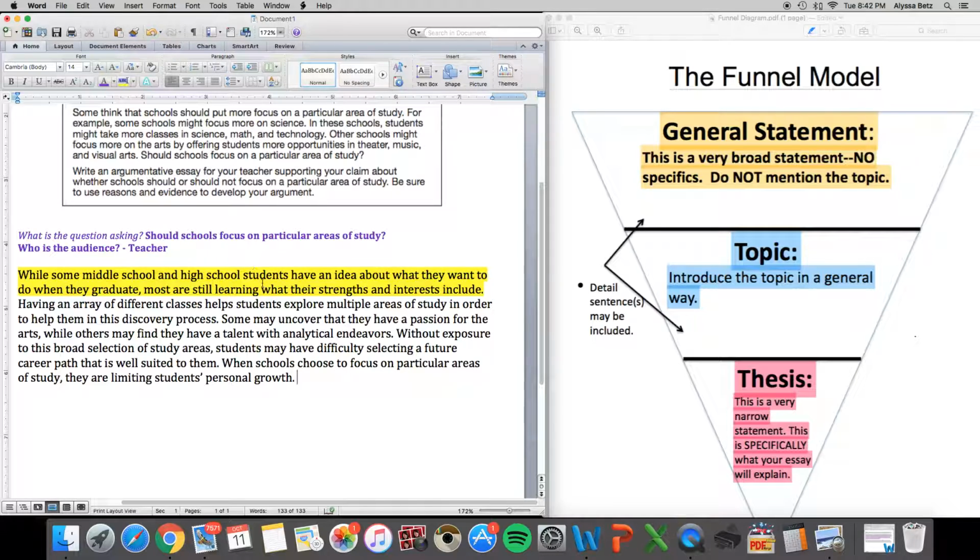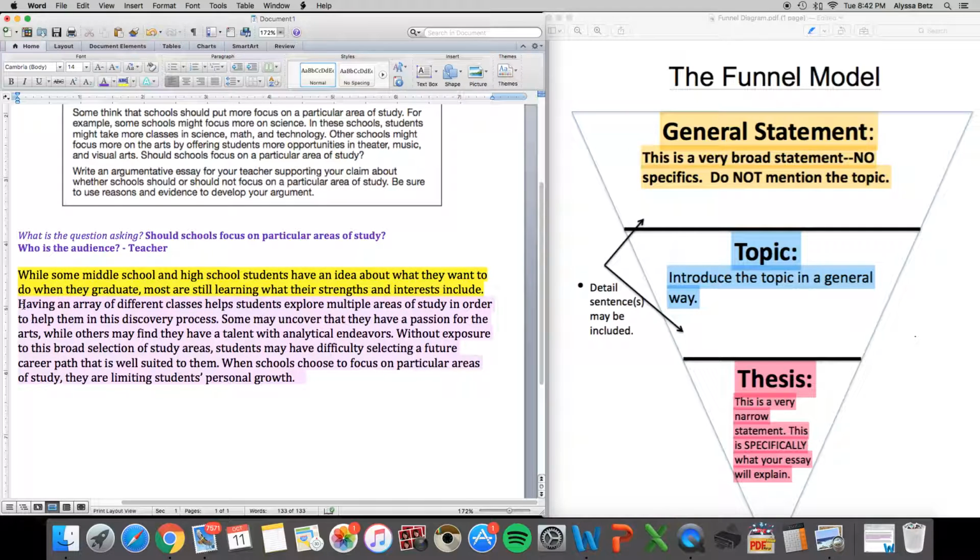Okay, so I'm taking this idea that middle school and high school is really a time for students to discover what they're interested in. And this is a time when they learn about their strengths and what they're really good at and what they have a passion for. So this really has nothing to do with the topic specifically presented in the prompt, but I'm using it to kind of introduce the topic.